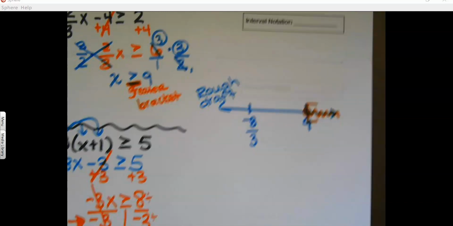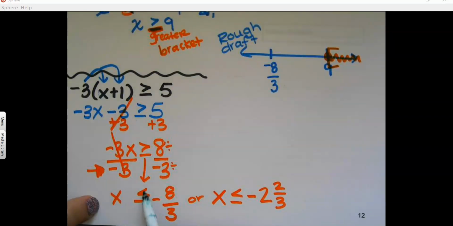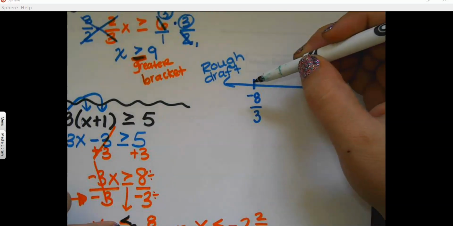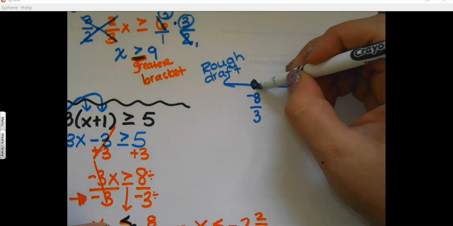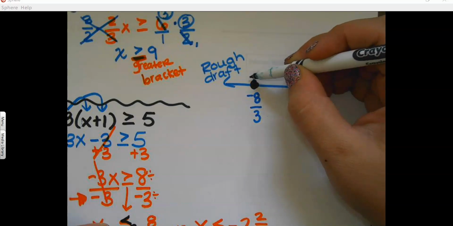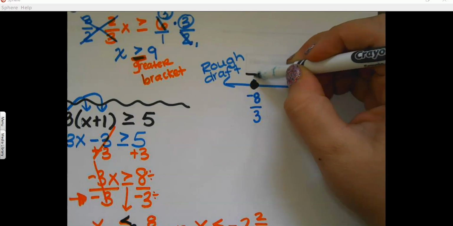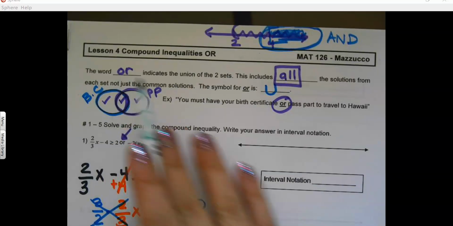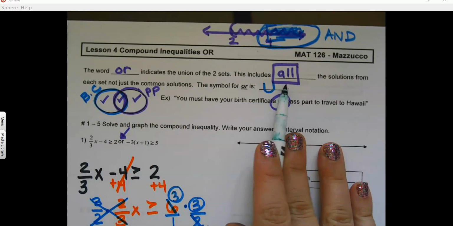Okay, now the next one says shade all the numbers that are less than or equal to negative 8/3. So I'm going to need a solid circle or a bracket, and it says shade all the numbers that are less. Okay, so because this is an or inequality, we want to include all the solutions.